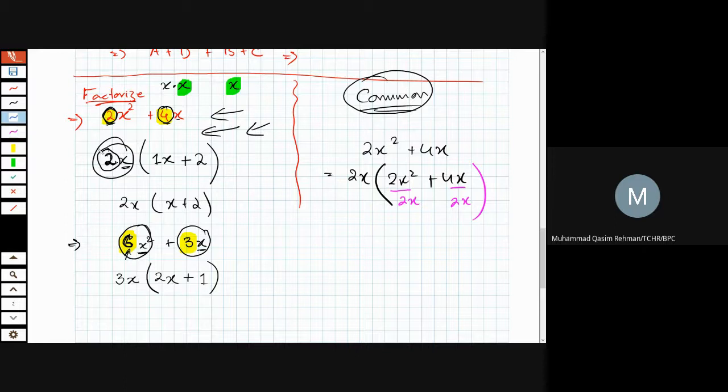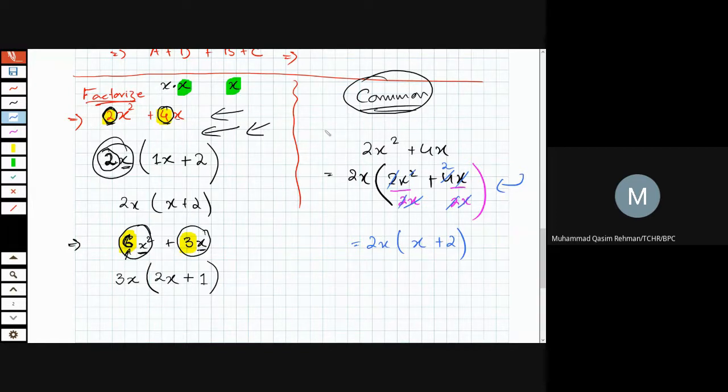Now, if you solve this, 2 can be cancelled out with 2x, 1x can be cancelled out with one of the x's on top, 2 times 2 is 4 and x is gone. So you are left with x plus 2 inside. So this is the actual process of taking common. Whatever you take common, you divide with each of the terms.